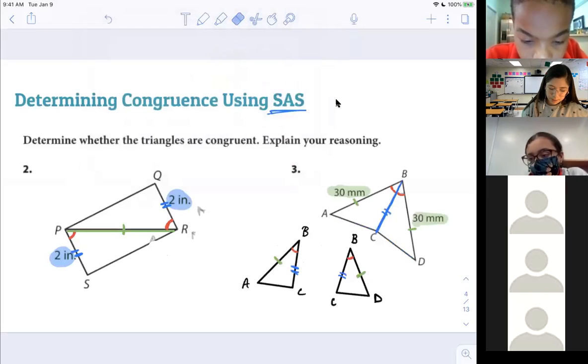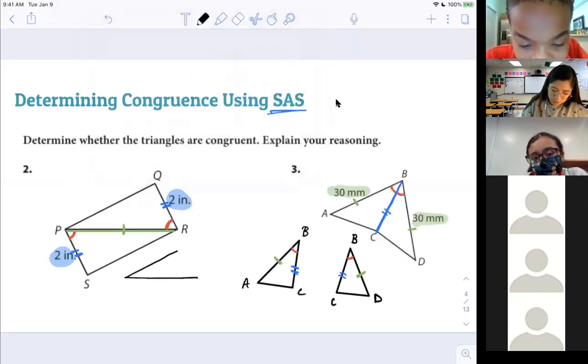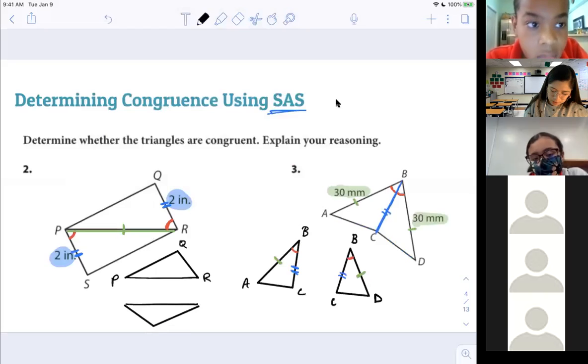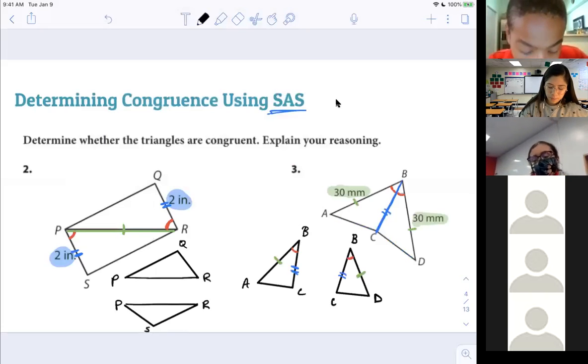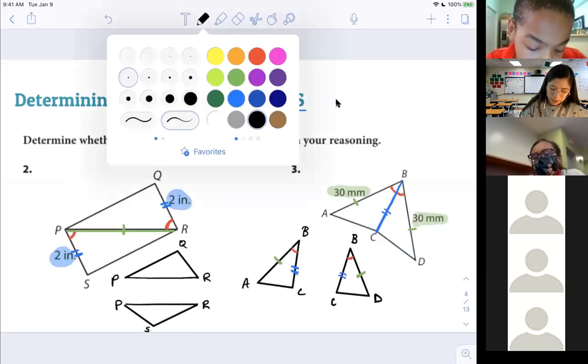I can do it with example 2 as well. So on triangle PQR, I can separate it from triangle RSP. Now once they're separated, I can again label them.